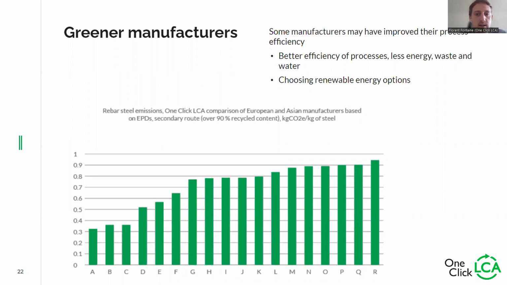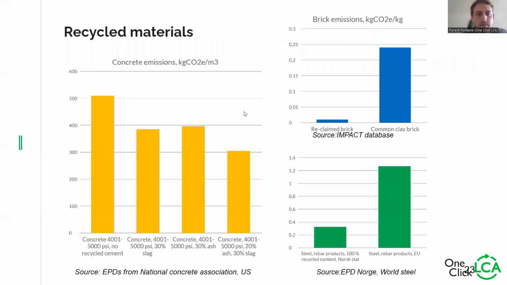This is what some manufacturers do, and this is why some products are less carbon intensive than others with the same performance. For example, for concrete, we have here one example with concrete having the same structural resistance. So it's concrete 4001, 5000 PSI.